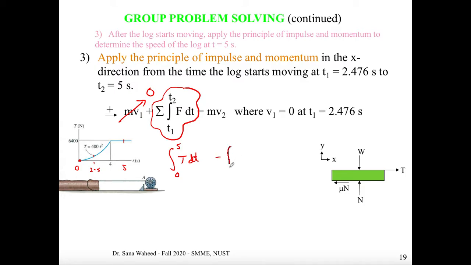I had, ये 2.476 जो है, मैं 2.5 लिख रही हूँ उसको. I had the case of my static friction. You remember? वो भी तो थी. And then I have from my 2.5 until the end, I have my case of kinetic friction.